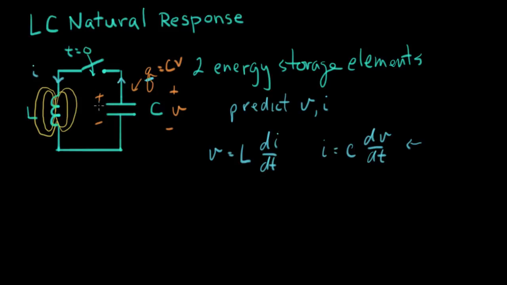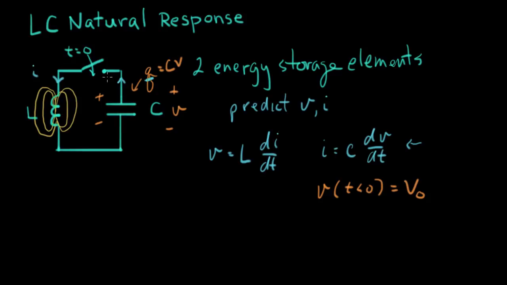So before the switch closes, we're going to put some charge on this capacitor. There's going to be a voltage on the capacitor. The capacitor will have a voltage of V naught, so that means that V of time less than 0 equals V naught.